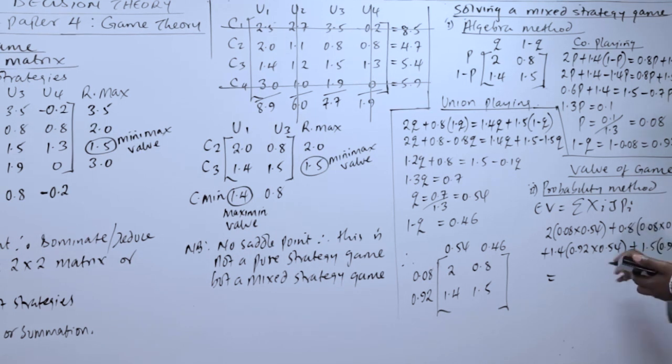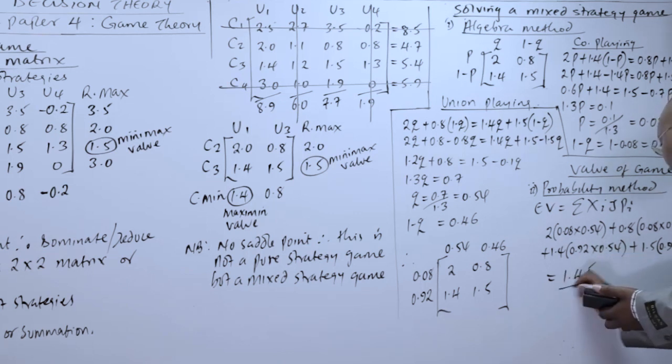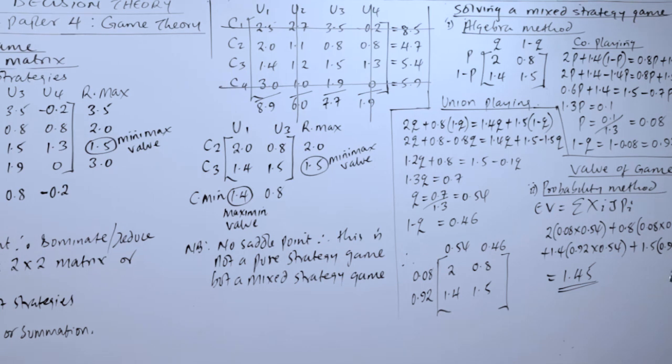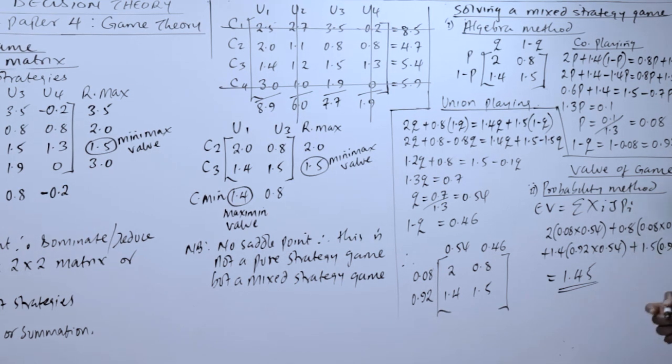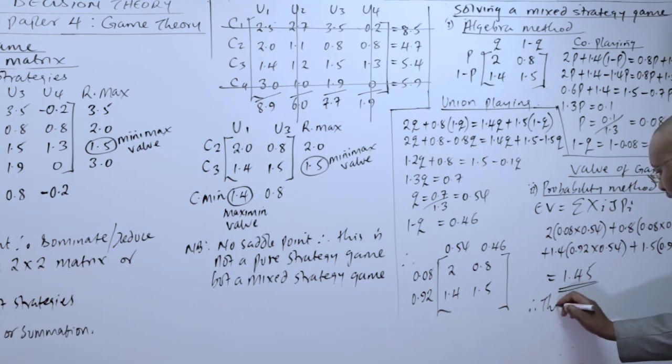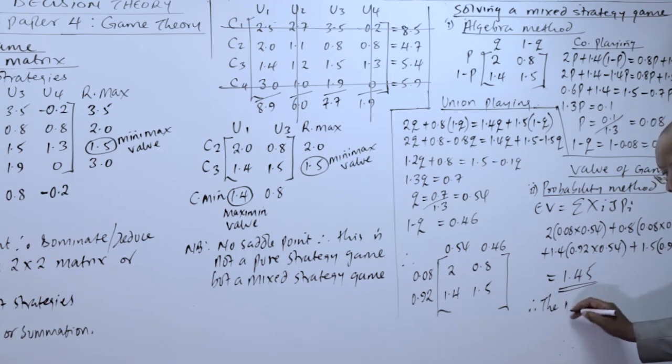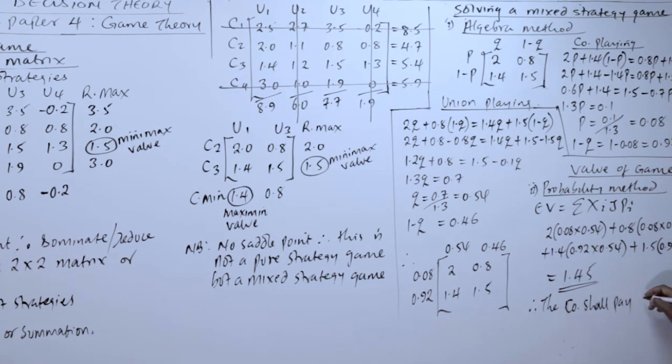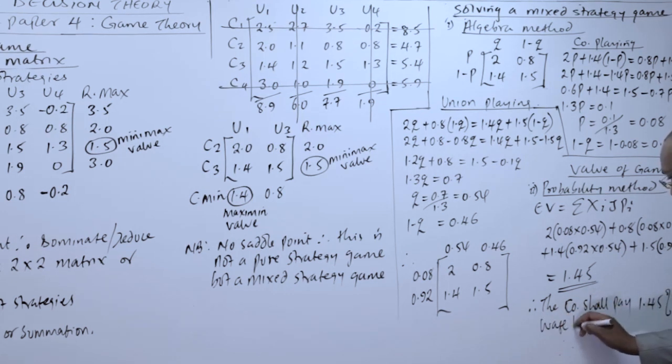This is giving us 1.45. Now, what is the conclusion? The conclusion is that the management is going to lose 1.45%, or in this case, the union is going to gain.